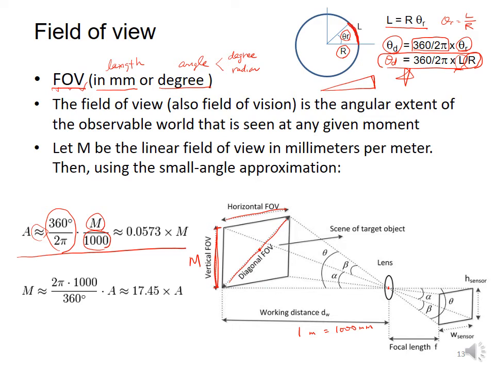By calculating this number, we get 0.0573. So if we have a field of view in millimeters, then by multiplying by this number, we can get the angle. This is the equation for converting angle to millimeter FOV.